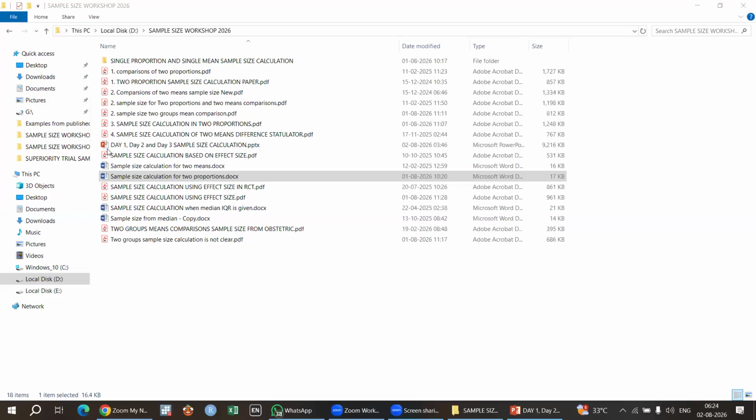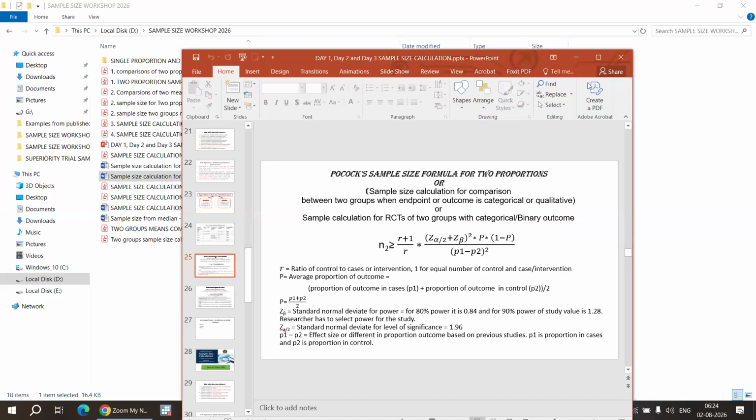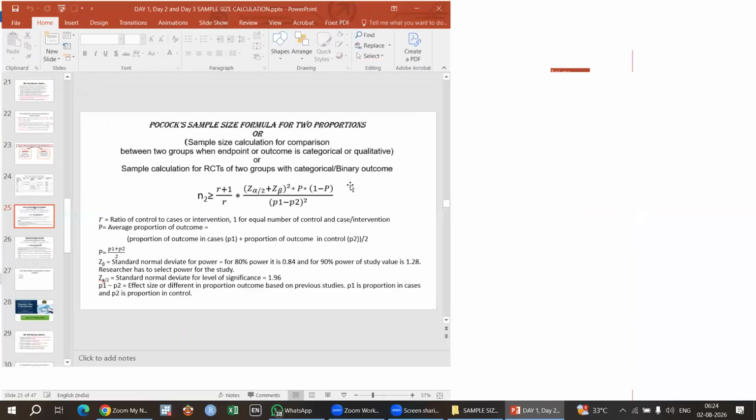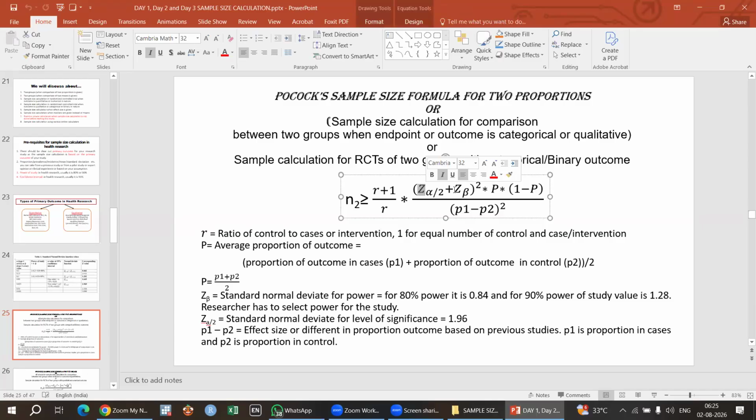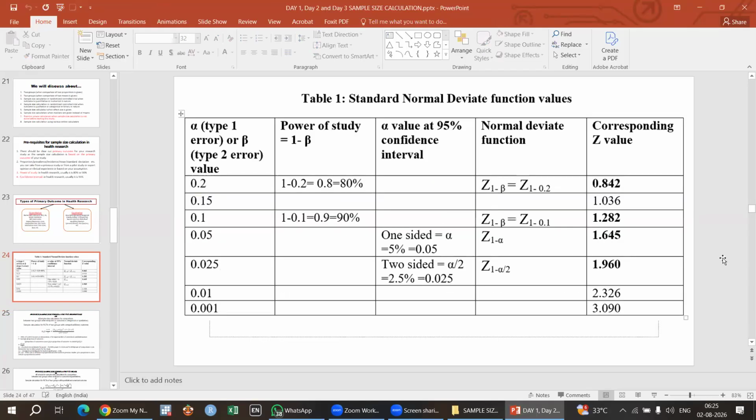How 0.842? I have to give the answer of this. I told you that if it is not a non-inferiority trial or superiority trial, it's just an RCT or case control study or quasi-experimental study. So this Z beta or Z1 minus beta at 80% power, we have to see this slide.